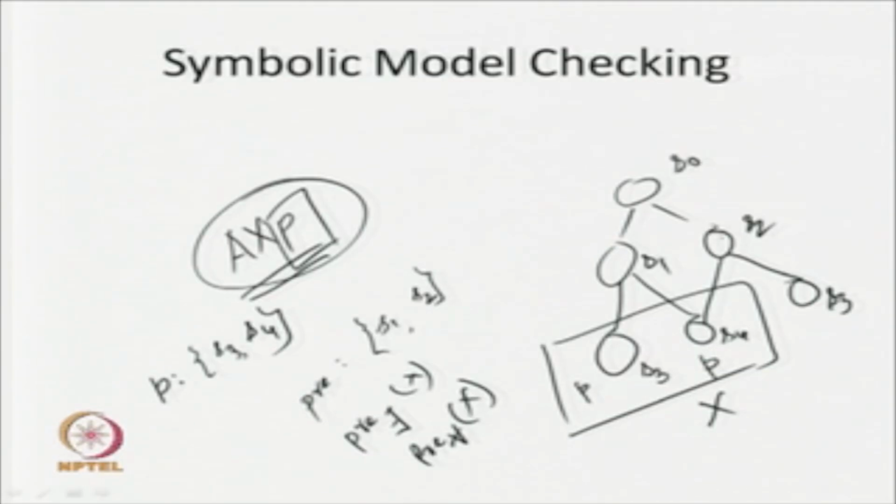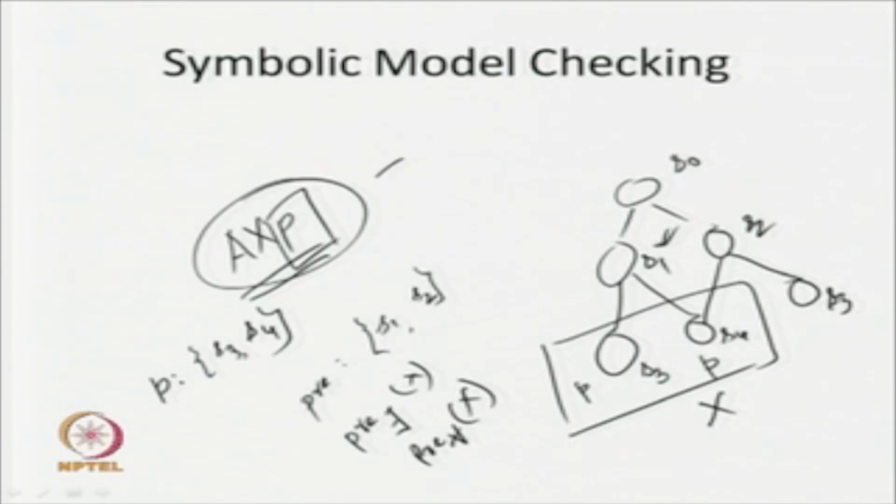We find that for S1 all the transitions come into subset X, but from S2 one of the transitions goes outside of it. So, pre-for-all X will give me the state S1.